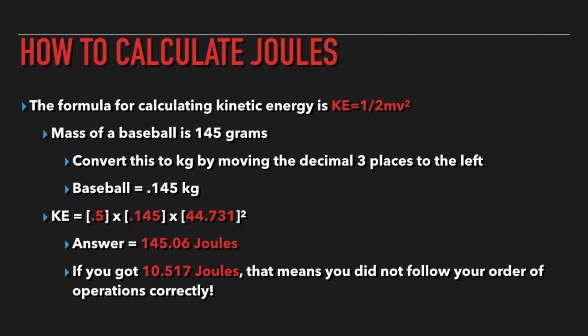So if you do this formula and you just go left to right, 0.5 times 0.145 times 44.731, and then you square that, you get 10.517. But that's not the answer. The first step, you have to do the exponent. So we need to square 44.731. Then you can multiply times 1/2 and then times 0.145.